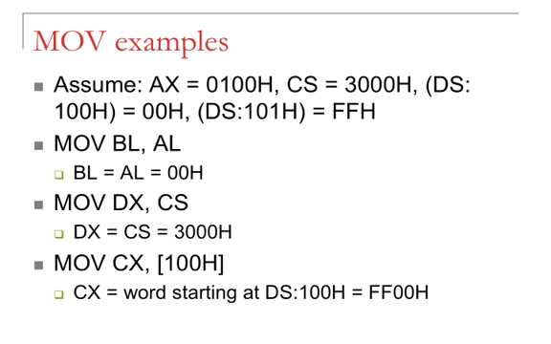So let's look at the first instruction, move BL, AL. Which one is the source operand, which one is the destination operand? AL is the source, BL is the destination. And because AX has 0100, we know AL is 00.